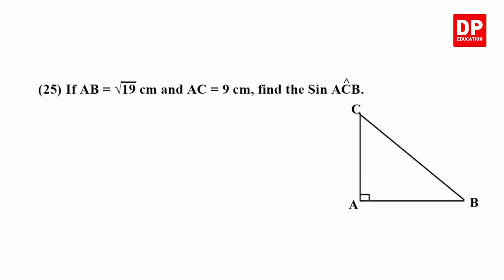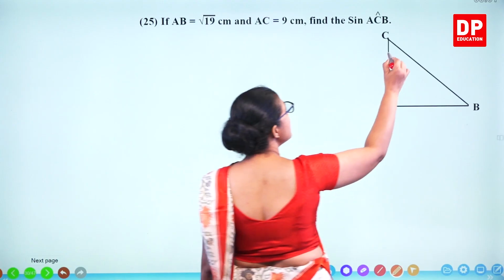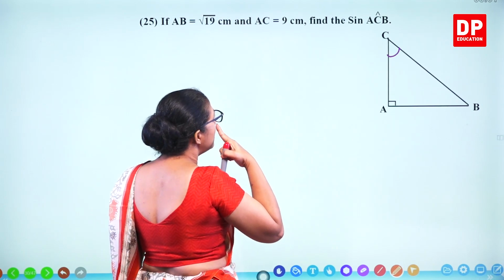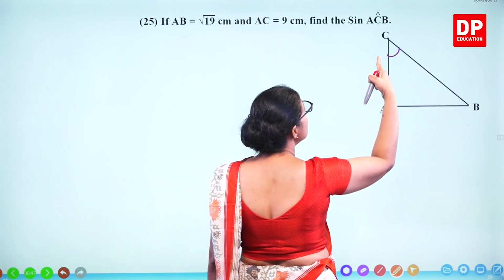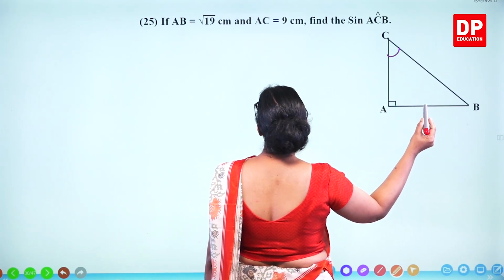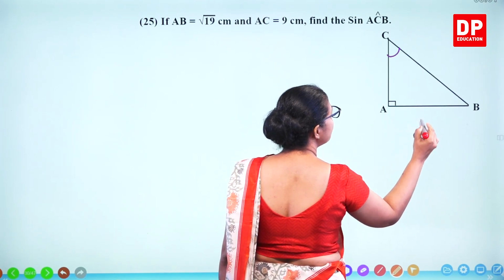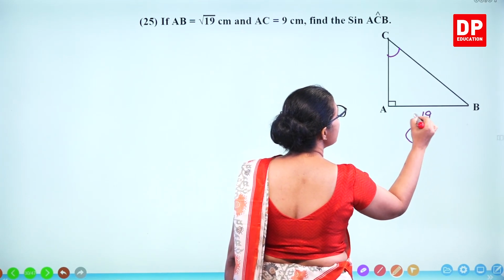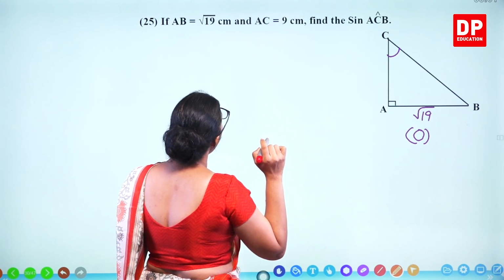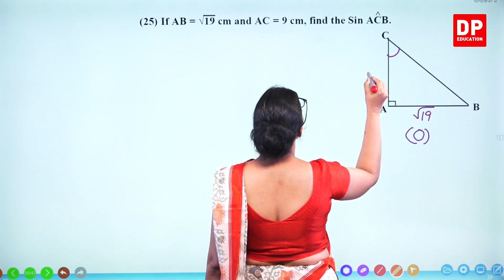Question number 25. That's the last question in part A. If AB is root 19 and AC is 9, find the sine value of ACB, this angle. To this angle, AB is the opposite. That's root 19. And AC is 9.